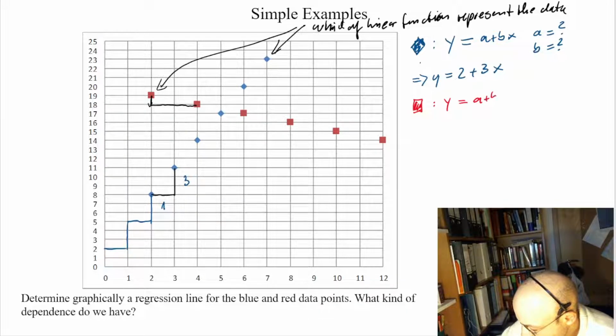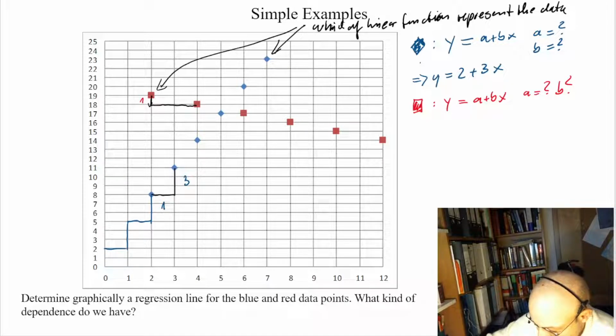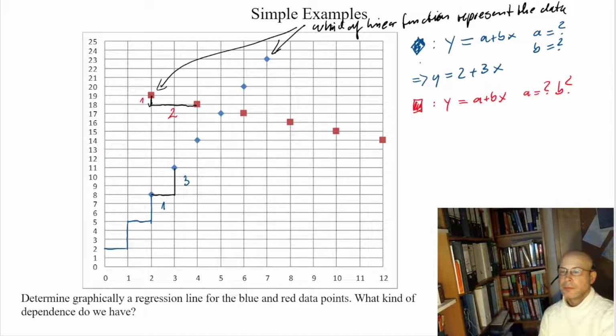And let's also do it for the red: y equals a plus bx, a and b. So here we have 1, and this is 2. So what would be a and b?